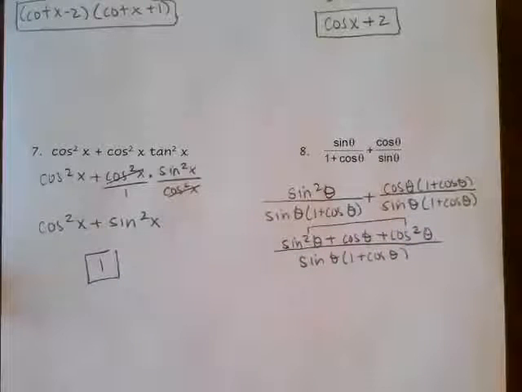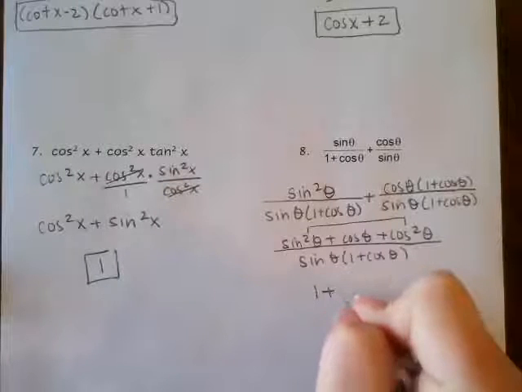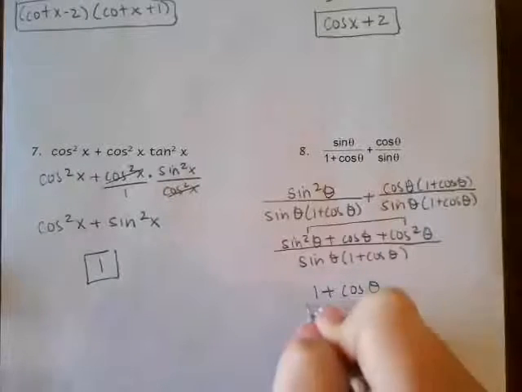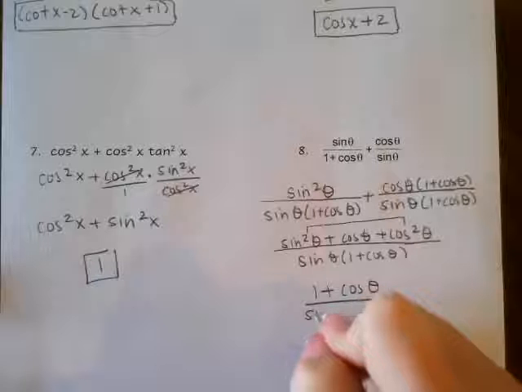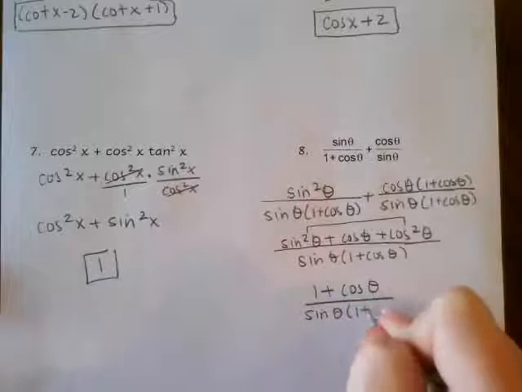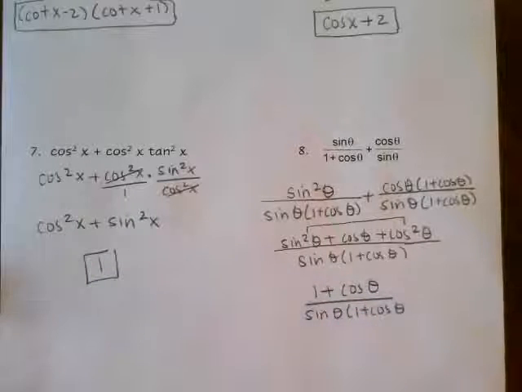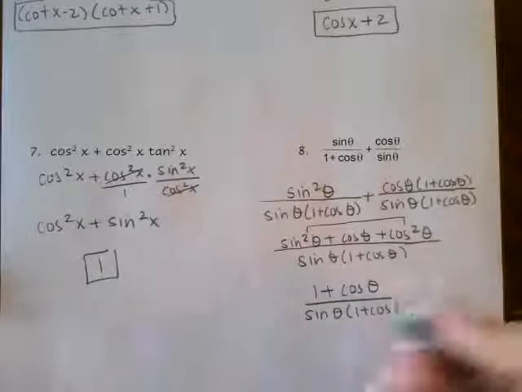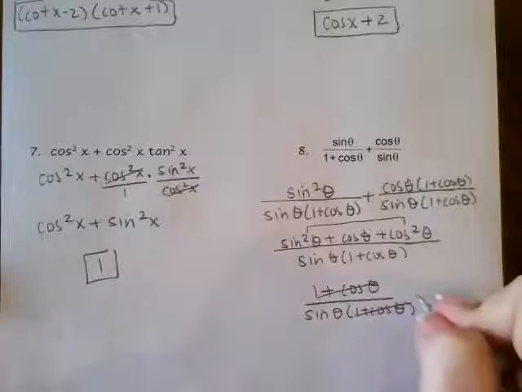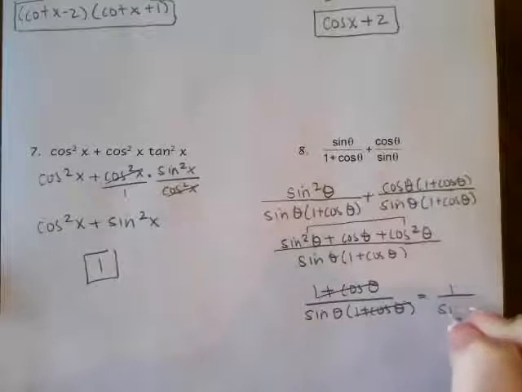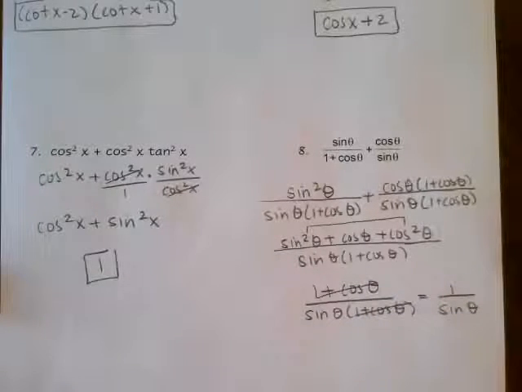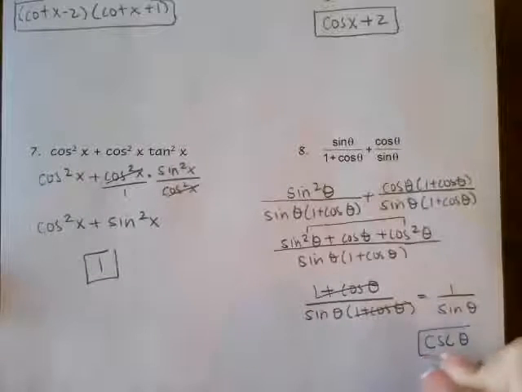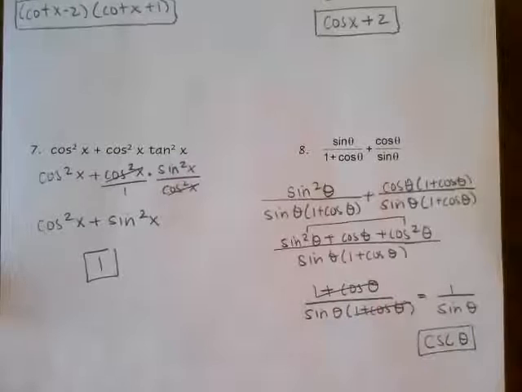And remember that sine squared of theta plus cosine squared of theta is 1. So we get 1 plus the cosine of theta. And when we get to this point, we have a 1 plus cosine of theta and a 1 plus cosine of theta, so they cancel out. That gives us 1 over the sine of theta, and 1 over sine of theta you should recognize as cosecant of theta. So that's another one that was a little bit harder.